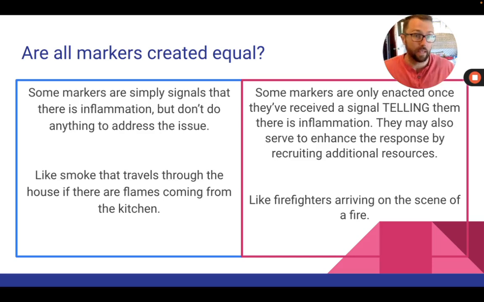And then those cells have another layer to it, where they've been told there's inflammation, and what they do is recruit their friends, which are additional inflammation markers that come in and have different roles in healing the cell, getting rid of the bad, bringing in the good. So they're like firefighters arriving on the scene of a fire. They're there to bring water. They're there to recruit more resources if they need it to finish the job.